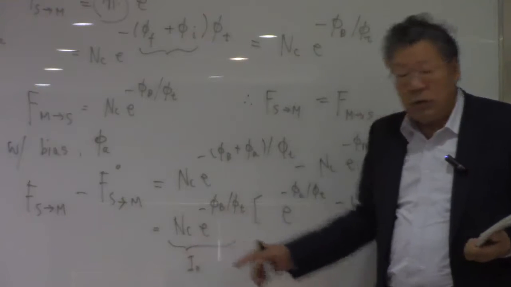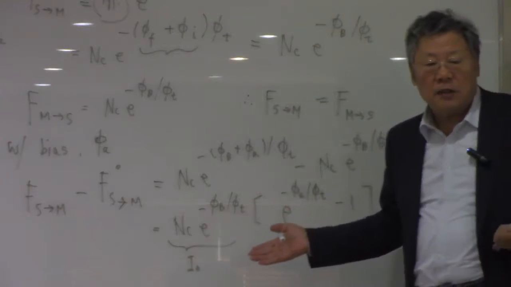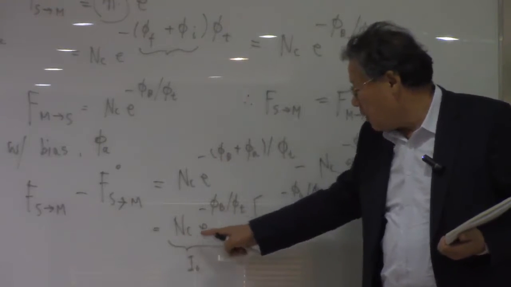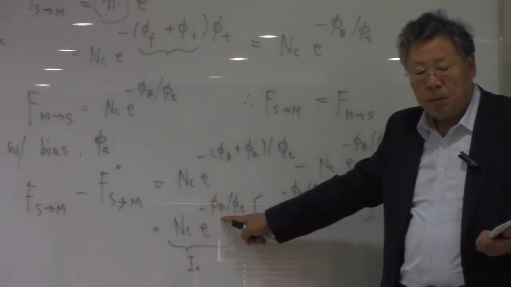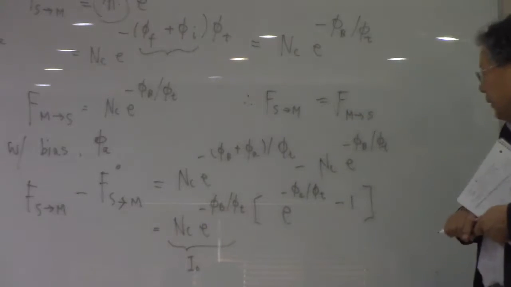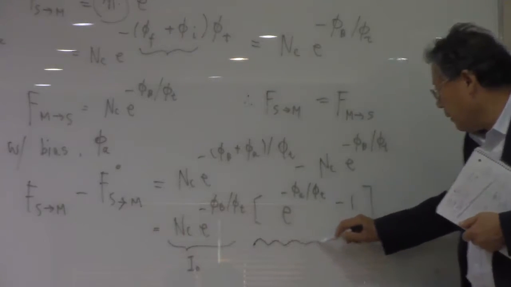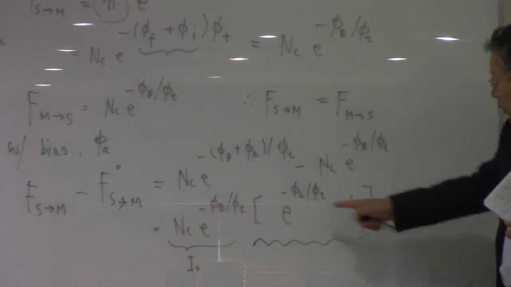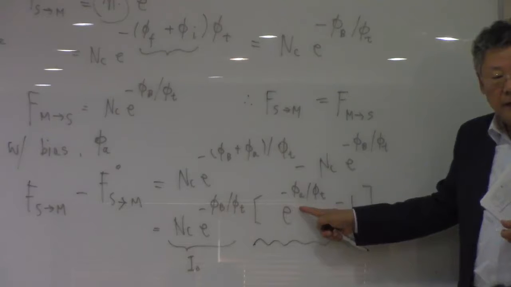And Nc, we know, is the effective density of states in the conduction band of the semiconductor. So this is a fixed number, and this is a fixed number, so we call this I naught. And this is the correction part according to the applied voltage phi A, right?